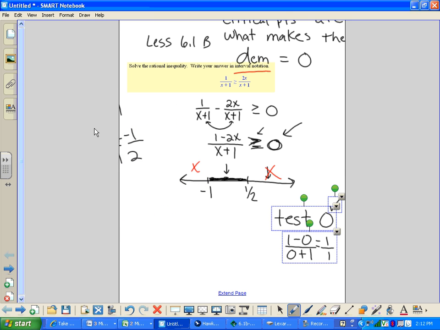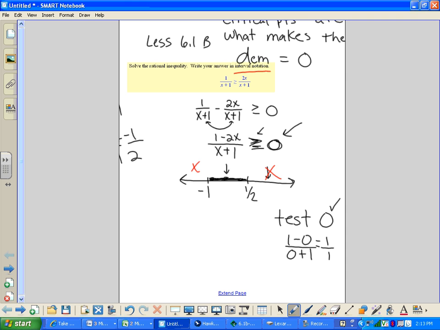Now, as far as the endpoints go, what we look at is sort of a combination of things. If this value of negative 1 makes the function undefined, then I cannot include it. The other thing I'm going to look at is whether it's greater than or equal to, or just greater than.